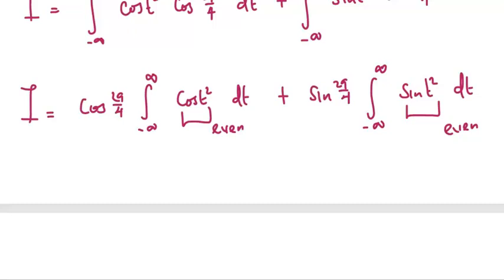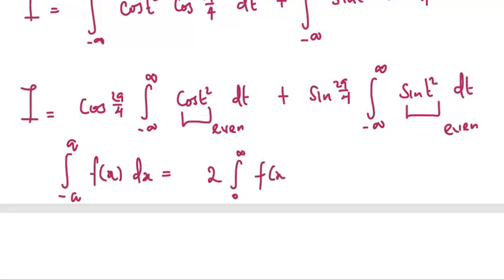Do you understand? Now we're going to use this nice standard integral formula. We know that the integral from negative a to positive a of an even function of x dx is equal to twice the integral from 0 to a of that same even function of x dx. I think it is more convenient to use a.